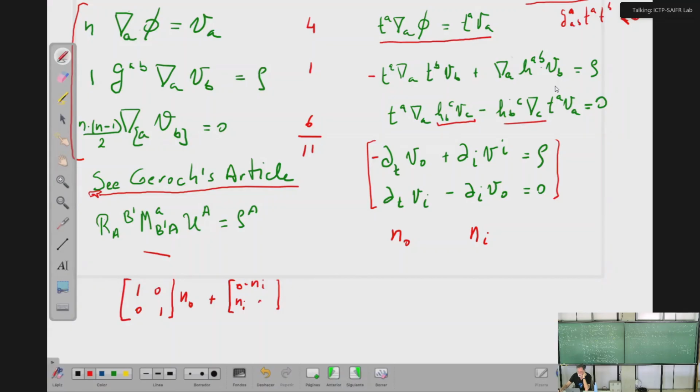And here we have 0, and this is multiplied by b0 here, and the b_i here. And this is a 3 by 3 matrix, so let's put it here.